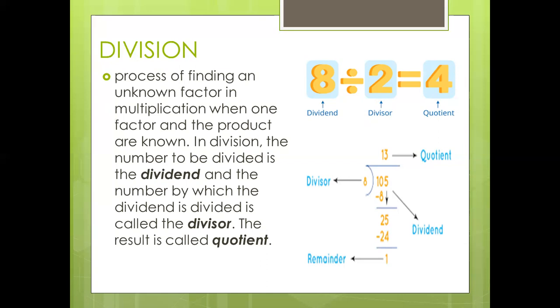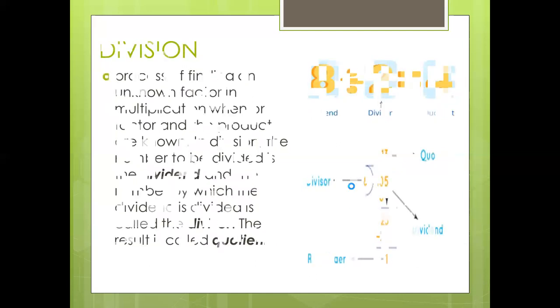So we have here examples of how to divide numbers. Basically, when we write this in mathematical form, we have the dividend, the division symbol, the divisor, the equal sign, and the quotient. So 8 divided by 2, which is our divisor, is equal to 4. This is our quotient.